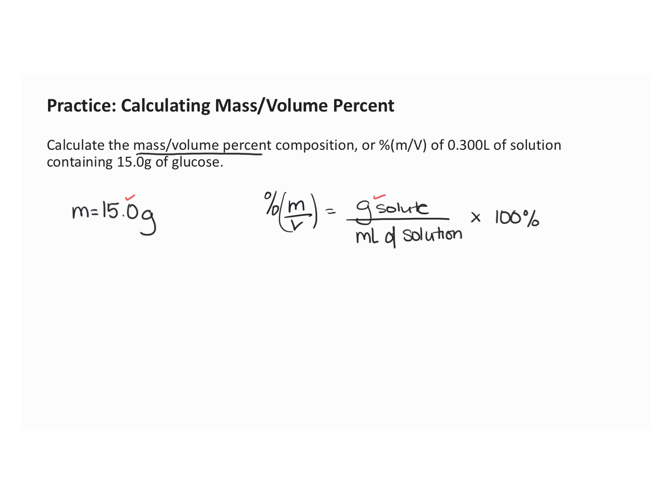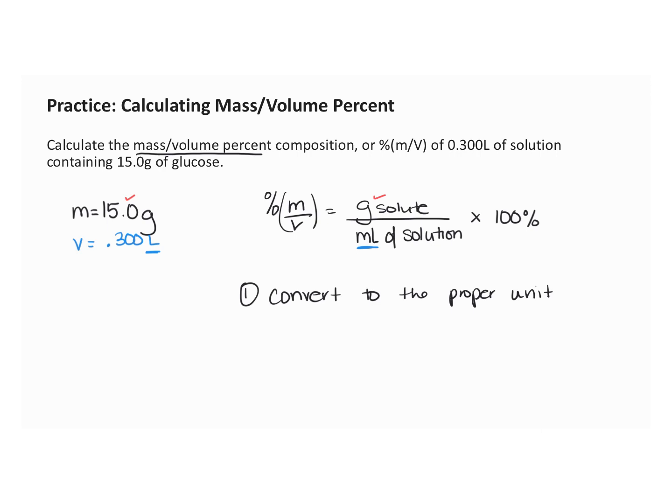Then I see my volume, and that equals 0.300 liters. But this is where I stop, because we've got liters here and milliliters in the formula. So my very first step, before I plug any numbers in, is I need to convert to the proper units.